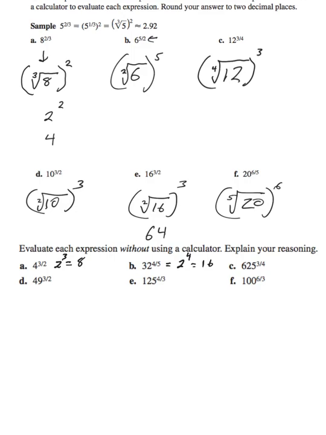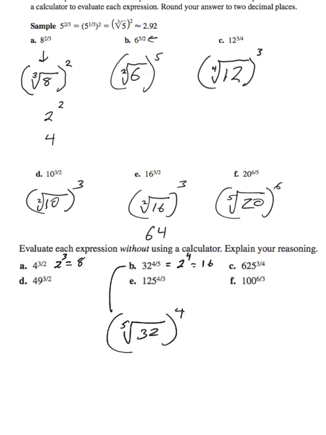Okay? How did you do that one? The fourth root of 625. Does anyone know that 625 is 25 times 25? How did you do B? Okay, so B is the same thing as the fifth root of 32 to the fourth power.